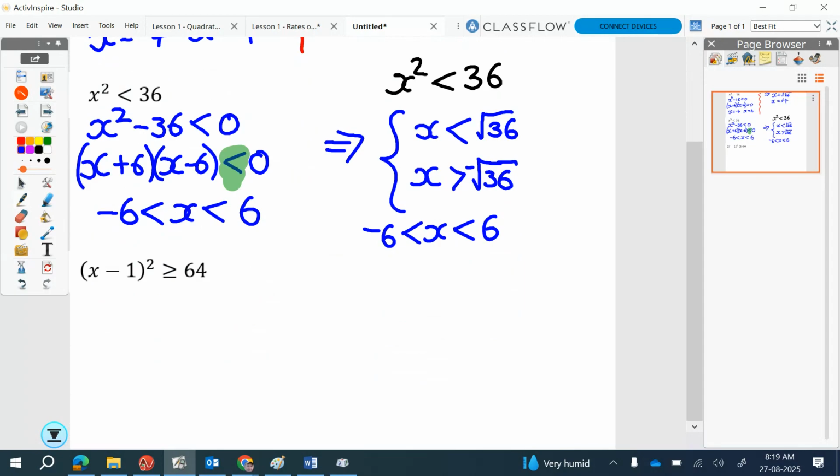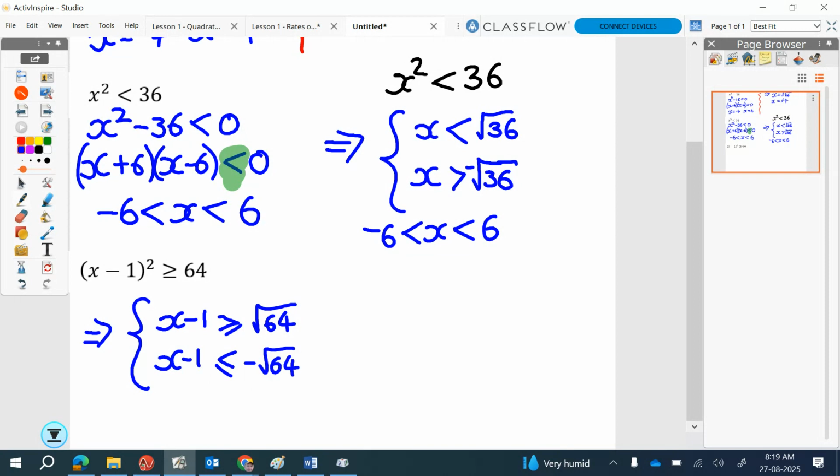Let's have a look at this last one. So here for this one, if I want to use that technique, it's going to imply that x minus 1 is greater than or equal to the square root of 64, or x minus 1 is less than or equal to minus the square root of 64.